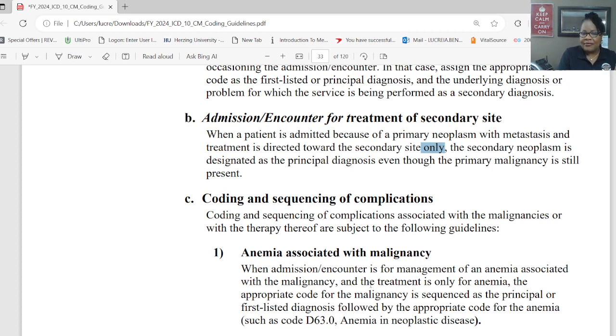So we have to identify the anemia as such. And that's why we're sequencing the malignancy as the principal or first listed diagnoses. I hope I made that clear. That is the reason the anemia in neoplastic disease, the D63.0, is secondary to the malignancy code.